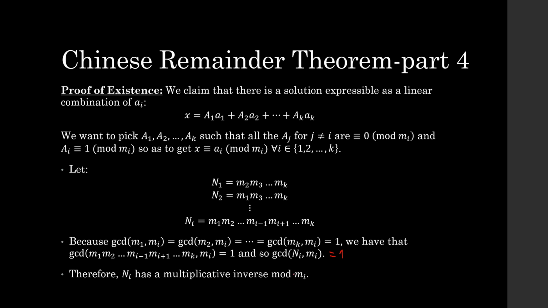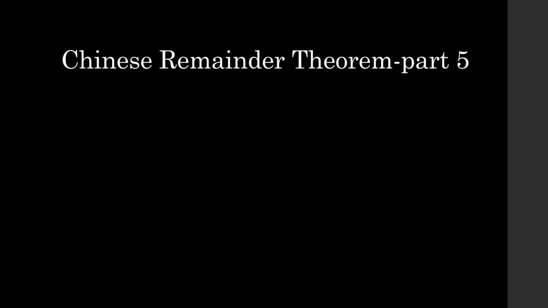Okay, so let's keep that in mind and continue the proof in this last slide. Now we're going to let hi be ni to the minus 1, so hi is going to be the inverse modulo mi of ni. And we're going to let big Ai equal hi times ni, keeping ni and hi reduced.